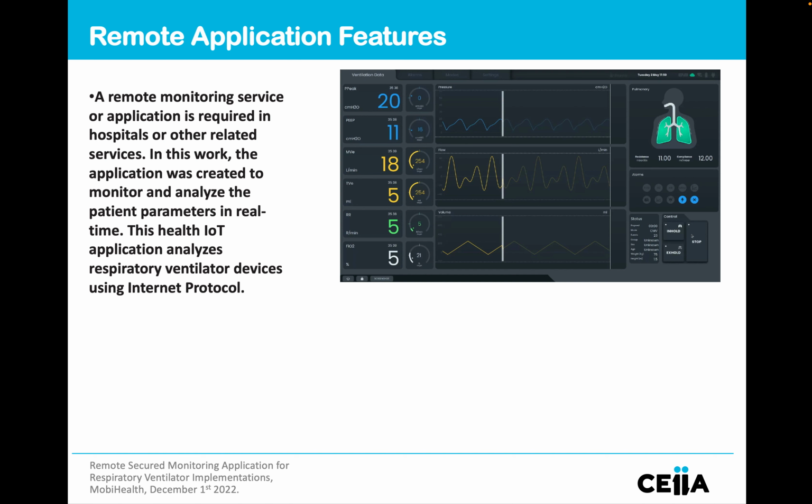Also, you have three main plots: the pressure, the flow, and the volume. Also, you have the alarms. We have a lot of data, and the ventilator was collecting data at about 60 hertz. So it's a very high rate of collecting data.